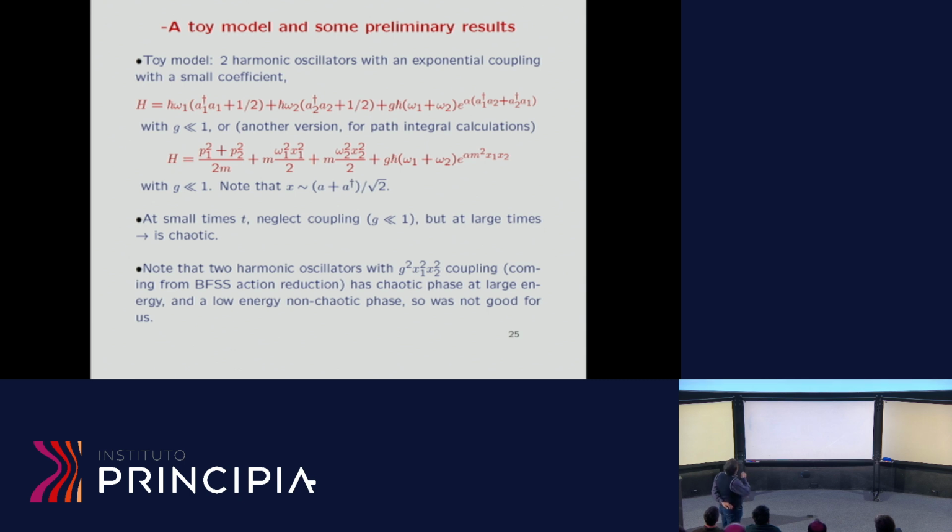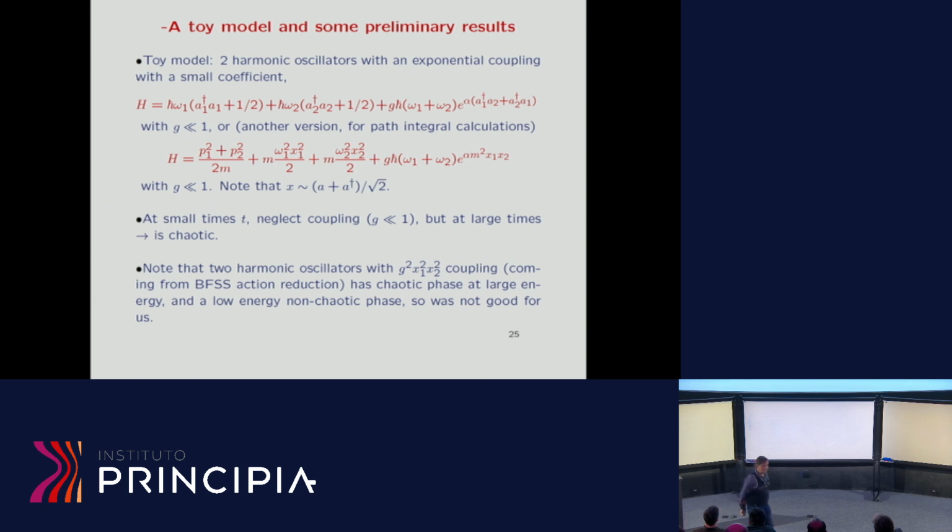Well, I wrote this with p, but of course it's x of t, x1 of t, x2 of t, and I'm saying if you start with some generic x1 and x2, initially this thing would be some constant, but if g is sufficiently small, you can neglect it, but then as time goes, this will generically grow, and then this will take us into a chaotic regime.